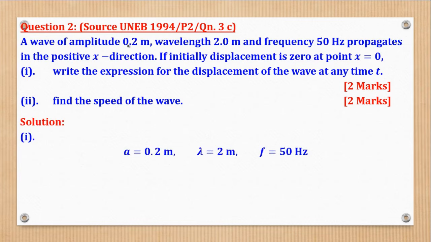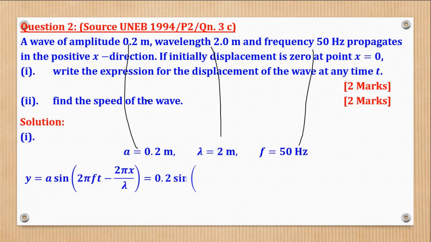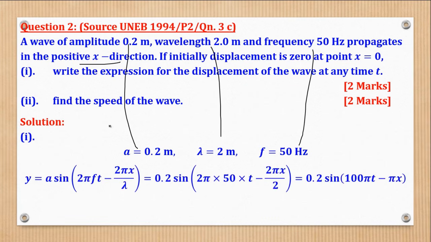So good enough, we have amplitude, wavelength, frequency, and we have the direction. So you can quote the formula A sine 2 pi ft minus 2 pi x over lambda. Then you substitute.